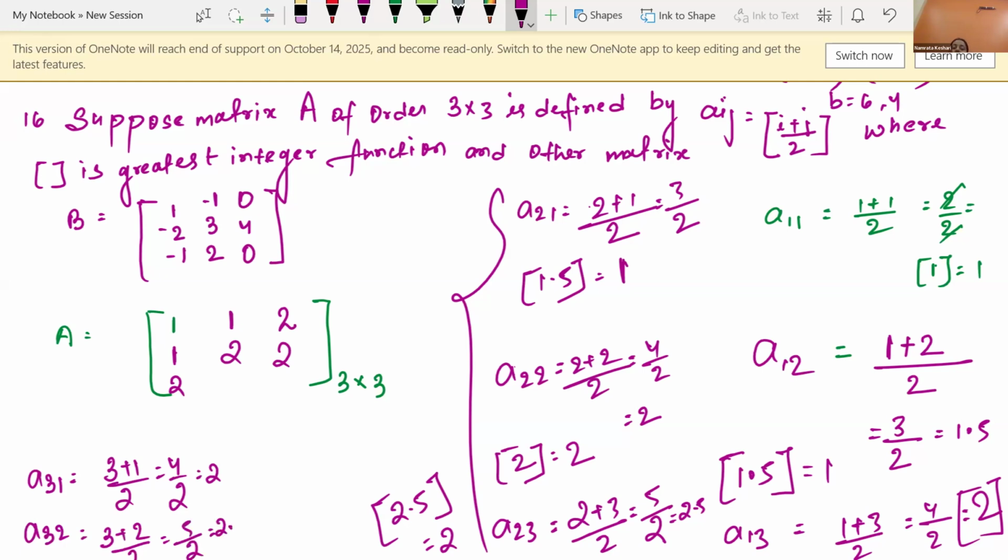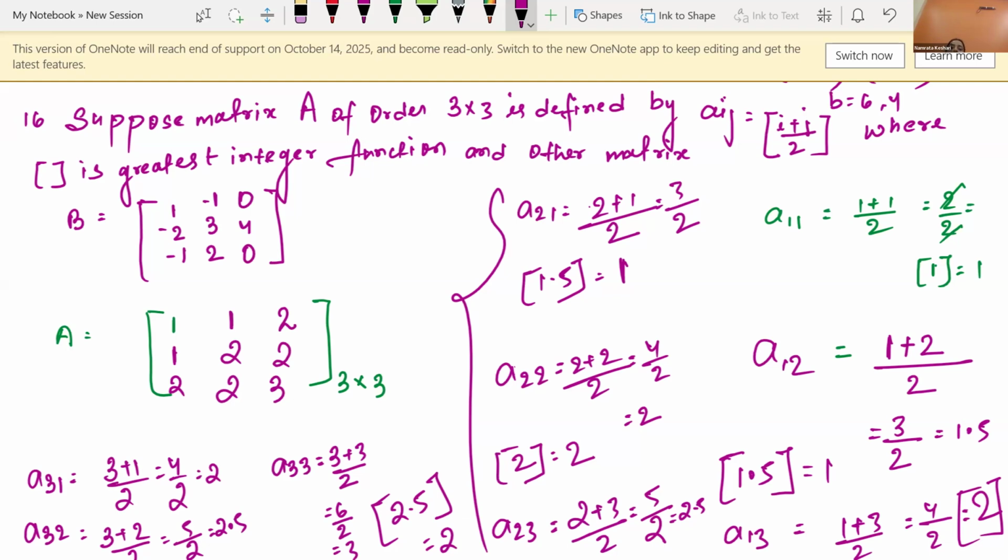The greatest integer function for this 2.5 will be just 2. And A33, 3 plus 3 by 2, that means 6 by 2, that is just 3. Is it clear? Yes. So successfully we have written the matrix A.